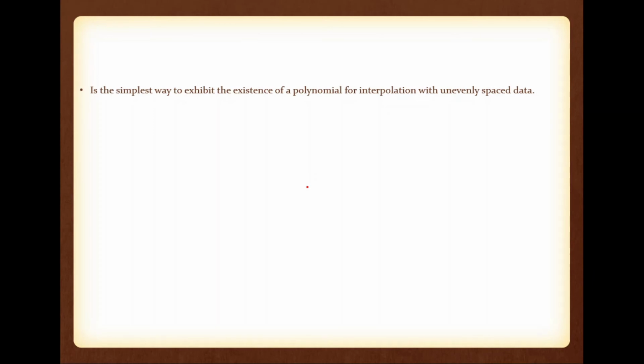Lagrange's method is simple, but the method becomes more complex if we have more and more data. Meaning if you are receiving more and more data, then again and again we have to modify the method. Okay. So that is a problem.